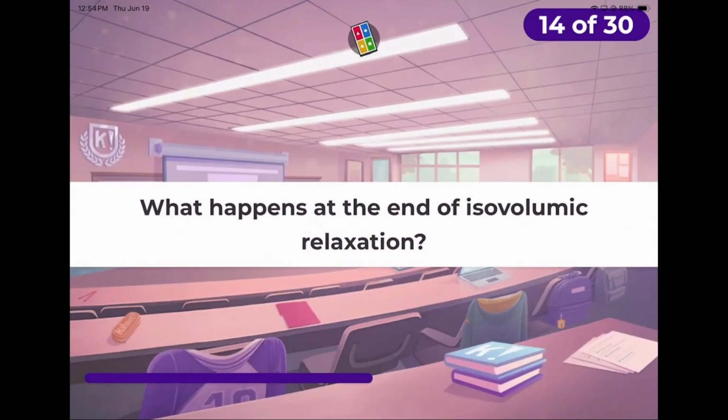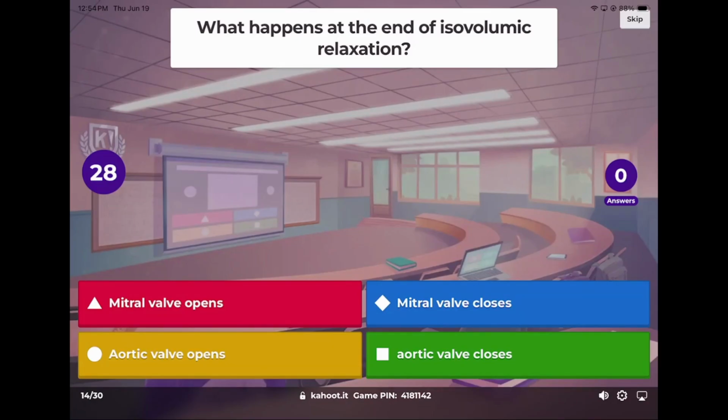Okay, what happens at the end of isovolumic relaxation? So, isovolumic relaxation, what's happening to the pressure in the ventricle? Decreasing.